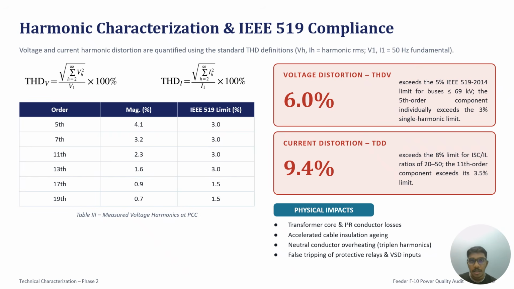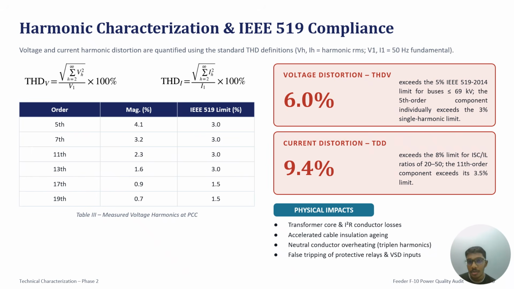Looking at Table 3, the fifth order harmonic alone measures 4.1% individually, exceeding the 3% limit, and this is our dominant compliance violation. On the current side, total demand distortion is 9.4%, exceeding the 8% limit for our Isc to IL ratio range.